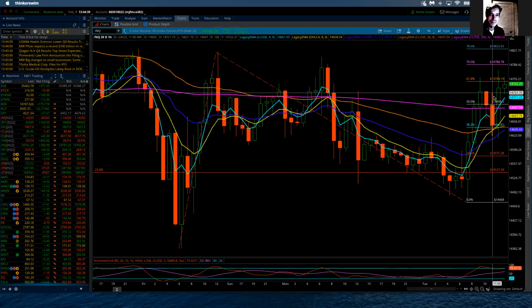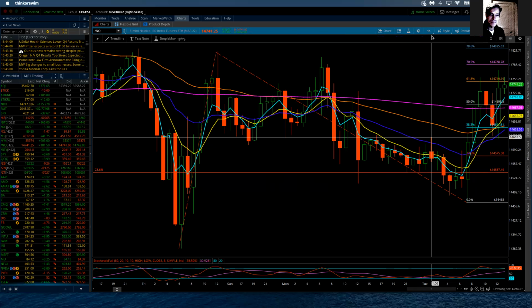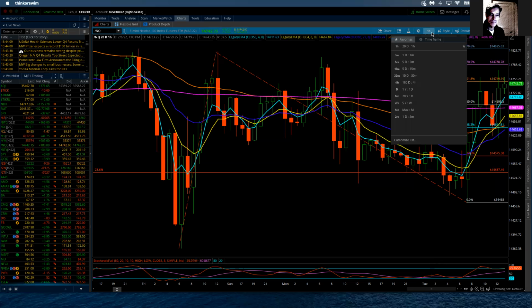But when you're looking for strength and follow through in that rally, then I need to see the 30-minute and the hourly doing the same thing, getting in alignment. When they all sit in alignment, then I know that this is for real. We're in that third, and we are back on a green light to go back above 15,000.